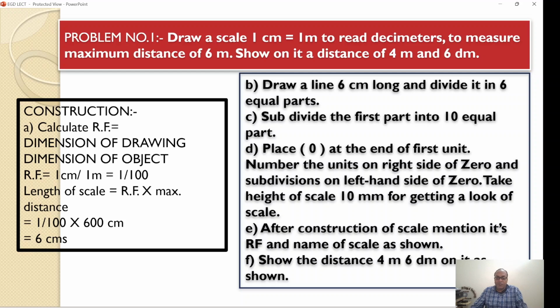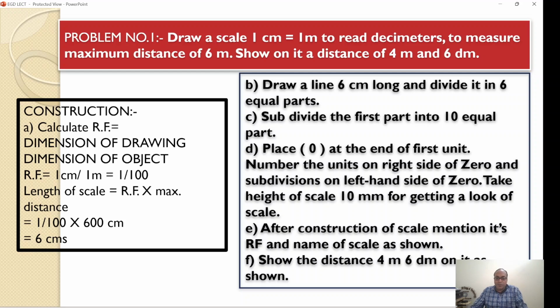When we divide the 6 centimeter line into 6 equal parts, this line is representing a maximum distance of 6 meters, so each centimeter shows 1 meter. When we divide the first part into 10 equal parts, that is, a meter into 10 equal parts, we get decimeters. Here we have to show the meter and decimeter, so our scale will be completed.